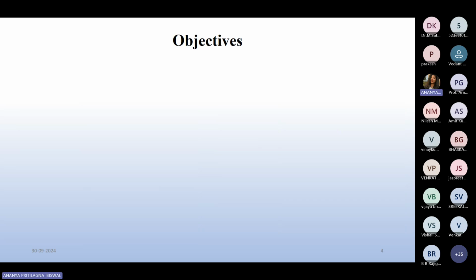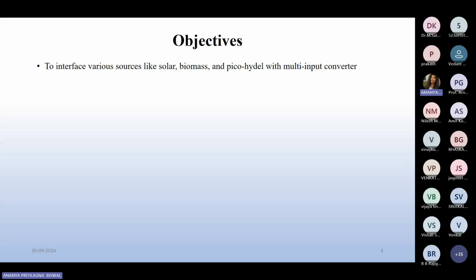Now the objectives that we are going to achieve: to interface various sources like solar, biomass, and picohydro with this multi-input converter. As there are multiple converters, we can call it a multi-input converter.